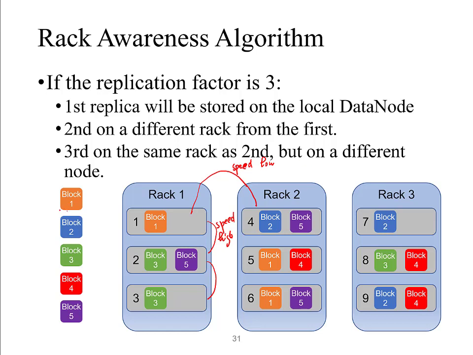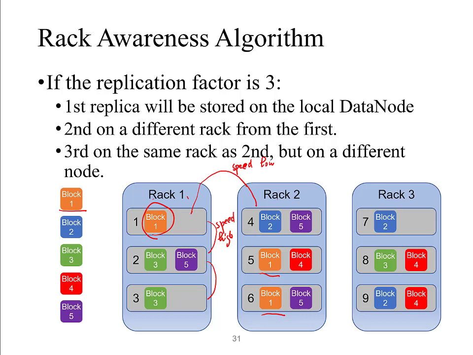For example, block 1: the first replica is stored here on rack 1. So the second and the third cannot be stored on any node in rack 1. They are stored on rack 2, and both of them are stored on nodes in the same rack.